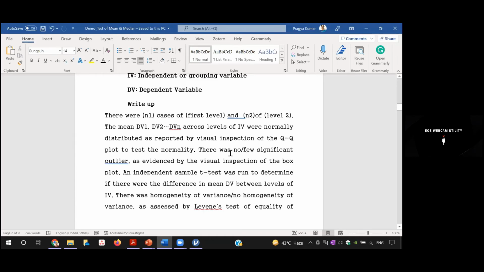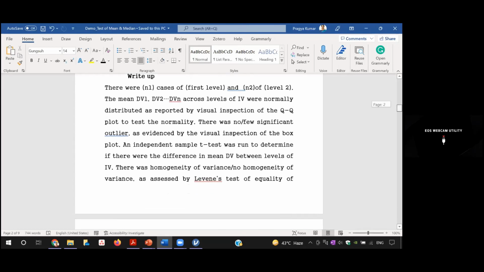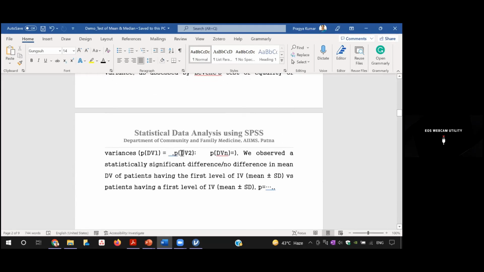And you can write that there was either no outlier or there were few outliers, as evidenced by visual inspection of the box plot. An independent sample t-test was run to determine if there is a difference in the mean values between these two levels. And homogeneity of variance was met or was not met, and in the bracket you have to give the p-value of the Levene statistic.